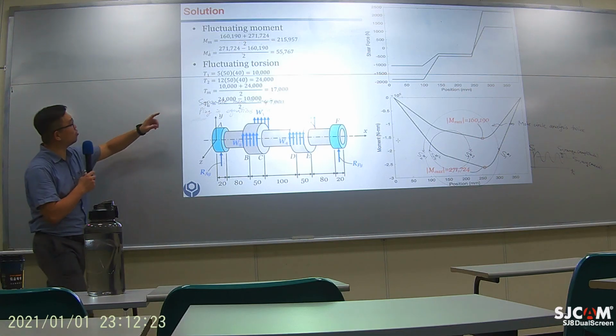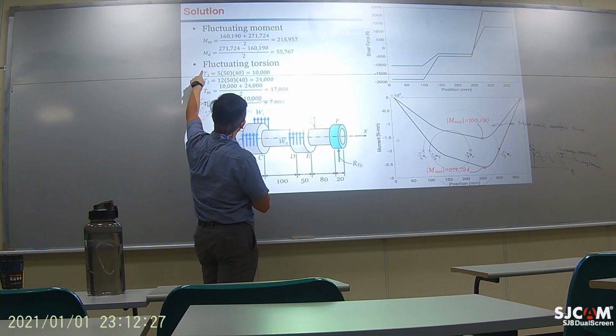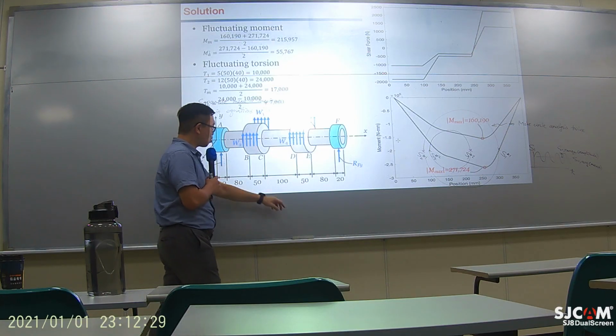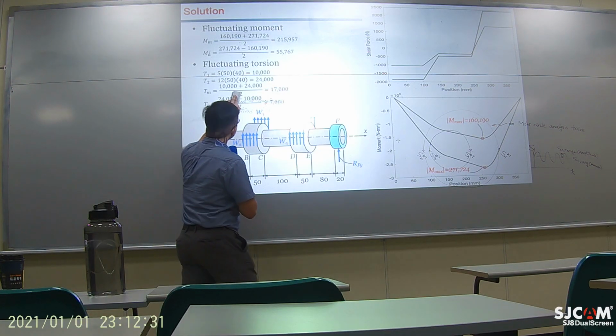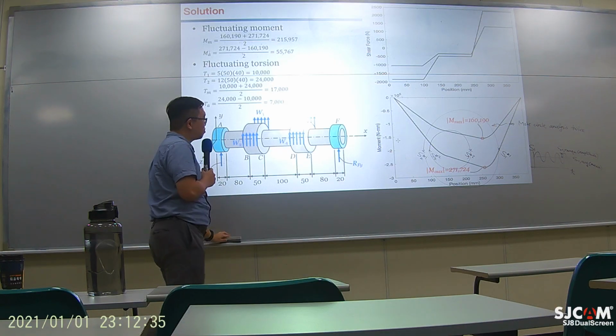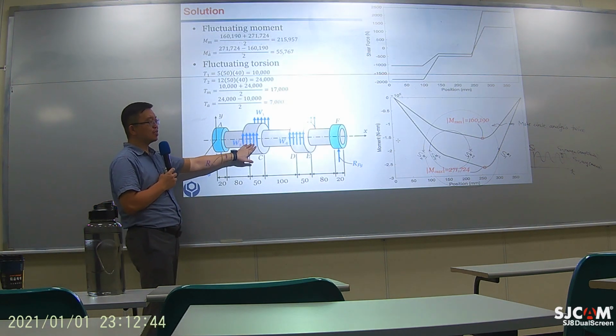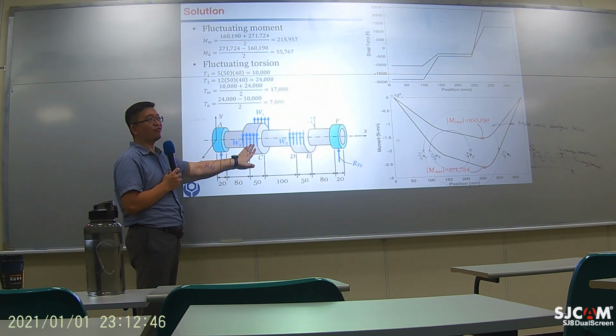So that's what you have right here, the mean and the amplitude. And for the torque, the problem also mentioned the torque fluctuates. The torque will fluctuate, of course, because the belt tension varies.